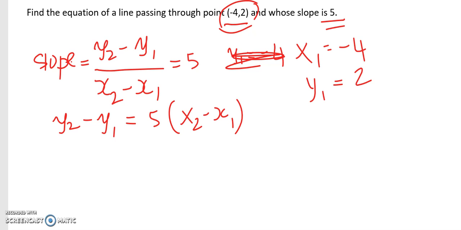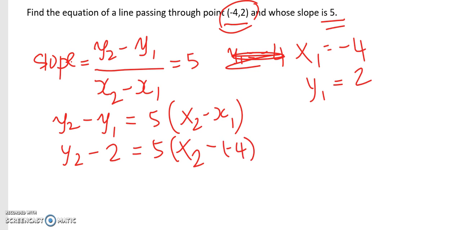Okay, so y2 minus 2 is equal to 5 times x2 minus minus 4. And this minus of minus 4 becomes plus 4.